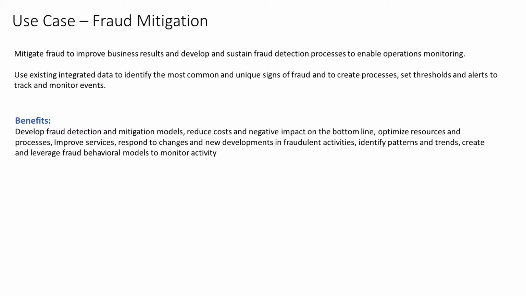Augmented analytics is a perfect way to accomplish that task. By looking at historical data and identifying the signs of fraud, the business can create processes, set thresholds and alerts, and monitor results to establish a comprehensive fraud detection and mitigation model that will reduce risk and cost and avoid a negative impact on the bottom line. For this type of business use case, you might use a classification technique like K-nearest neighbor.